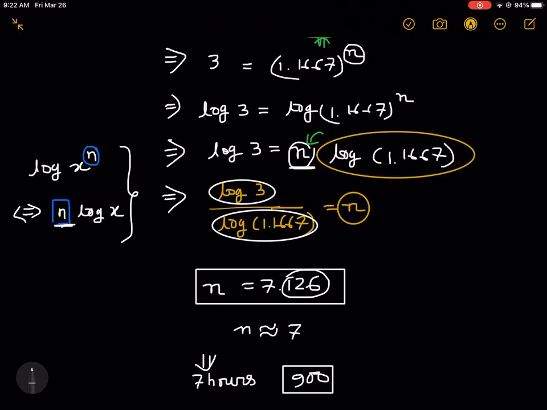Okay, that's a clever option to have, to be honest, but that could be time consuming as well. What if I had asked how long it will take to reach 2,000 bacteria? Then your n could be around 15. So it will take much more time than if you just calculate it.